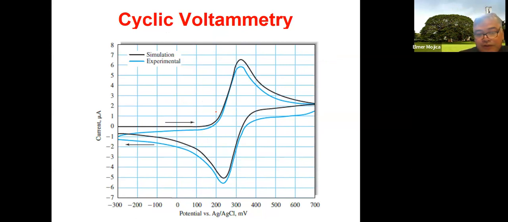So they tried to simulate the cyclic voltammogram of your ferrocyanide at 1 molar KCl using the diamond electrode, and then using what we call the simulation. And as you could see, there's a great agreement between the simulated cyclic voltammogram and that of the experimental voltammogram. There's just a little bit of offset, but okay, this is the best simulation that you can get.